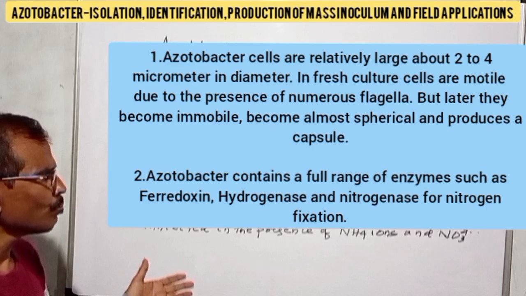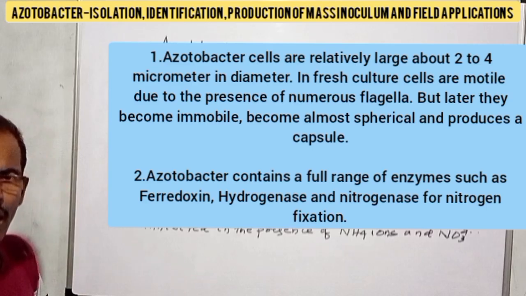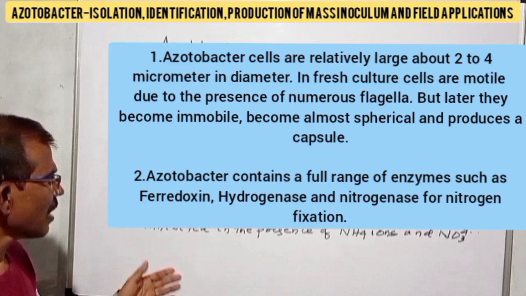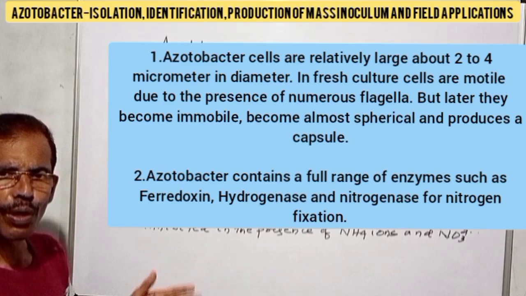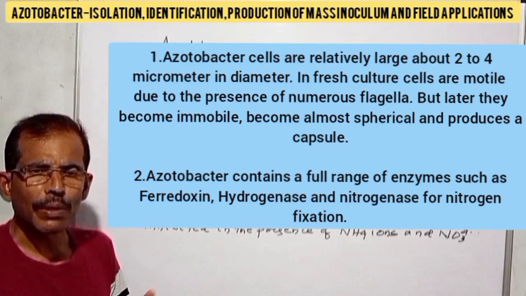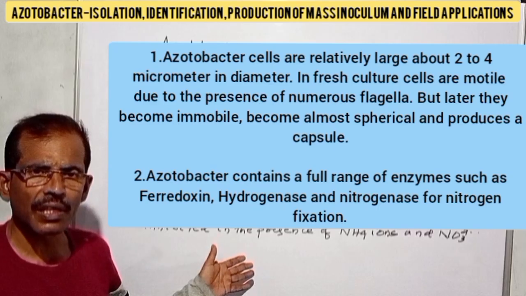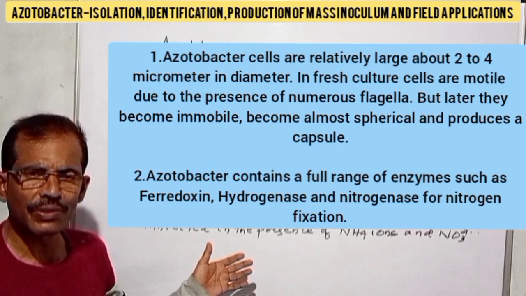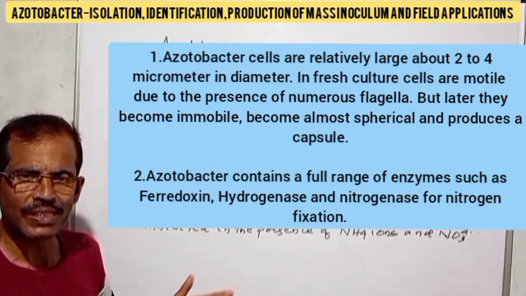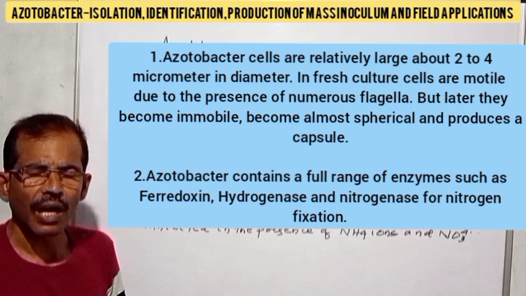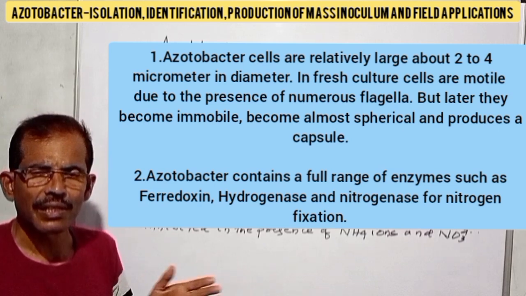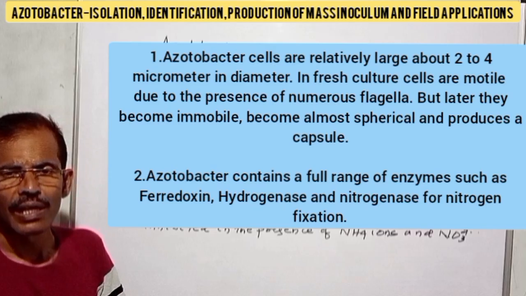Later, they lose motility and become almost spherical and produce a thick layer of mucus forming the capsule. Members of this genus contain a full range of enzymes for nitrogen fixation. These enzymes are ferredoxin, hydrogenase and nitrogenase.